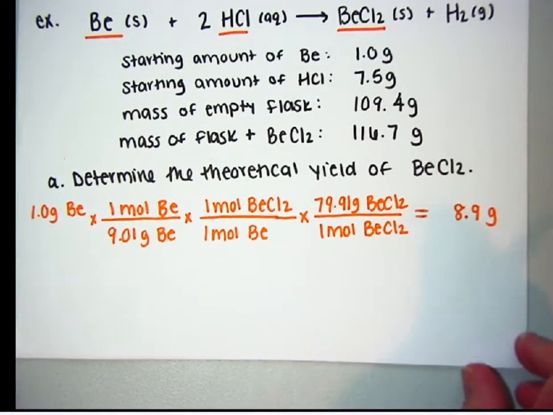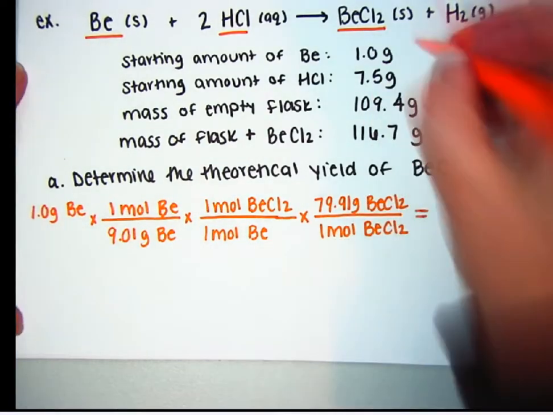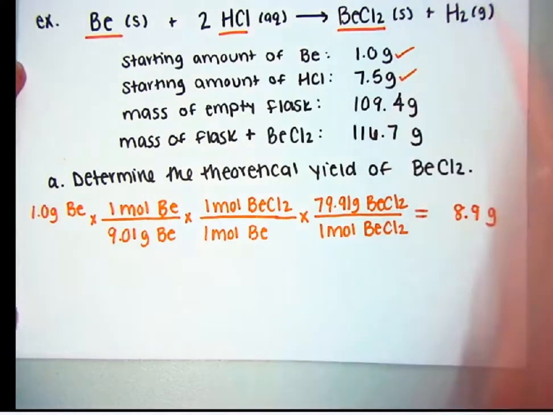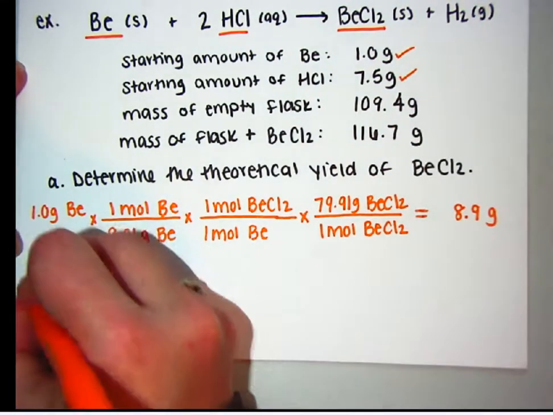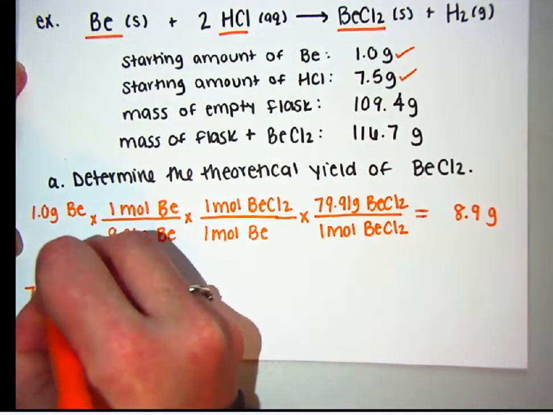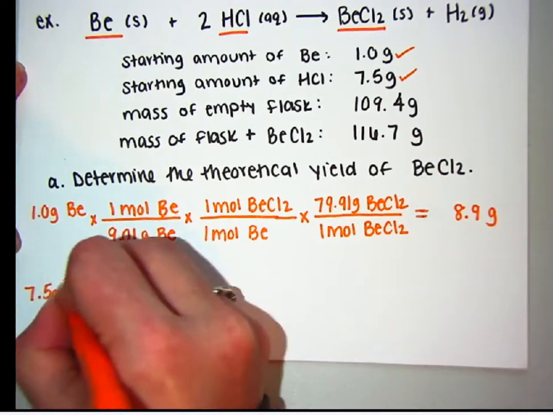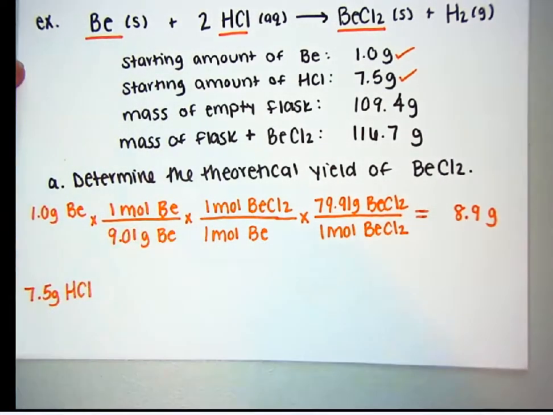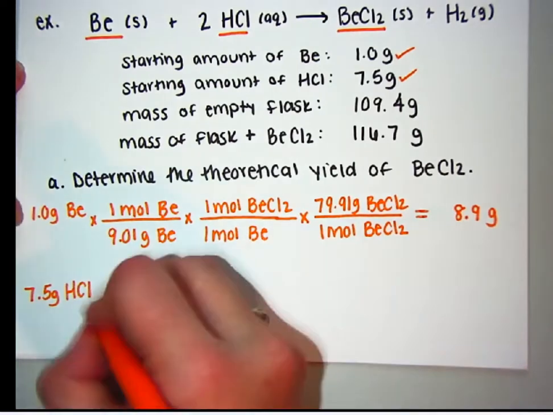For these limiting reactant types of problems, we have 2 givens. You have to do 2 calculations. So let's do the same thing, starting with 7.5 grams of hydrochloric acid.